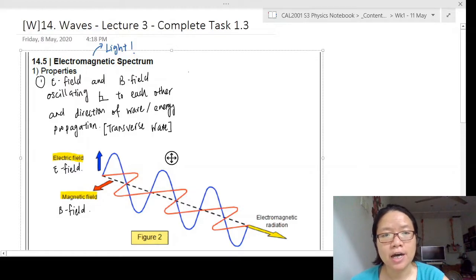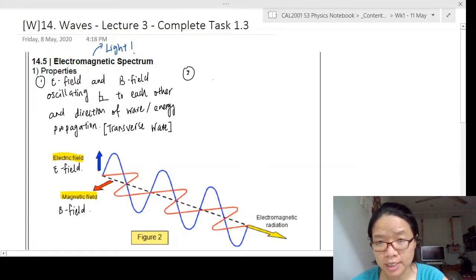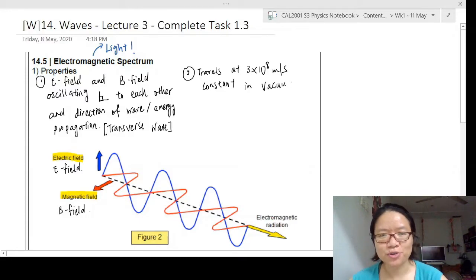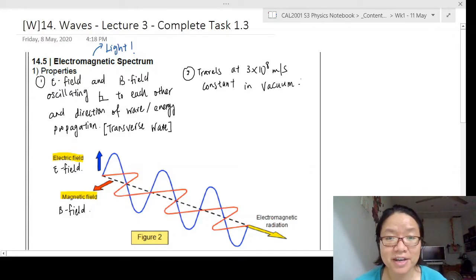Alright. The second property is that electromagnetic radiation travels at the speed of light. Or rather, it travels at the fastest known speed. According to Einstein's theory of relativity, nothing can be faster than 3 times 10 to the power of 8 meters per second.